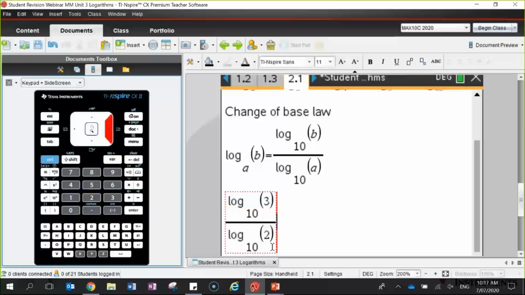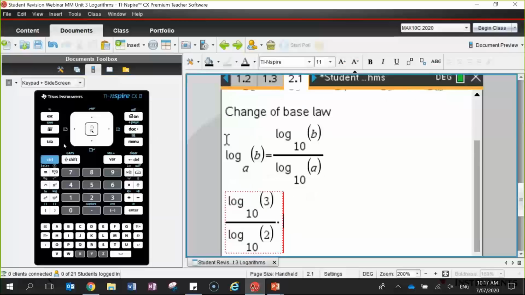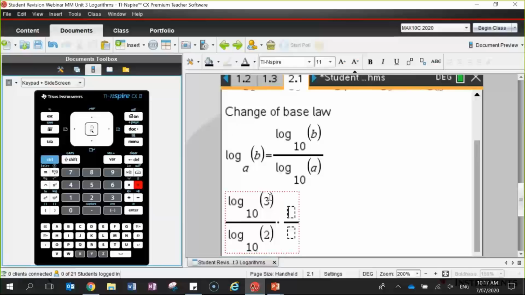Then I move out of there and multiply by the second log, which was written as log base 3 of 4. So I'm going to have log base 10 of 4 in my numerator, and log base 10 of 3 in my denominator.